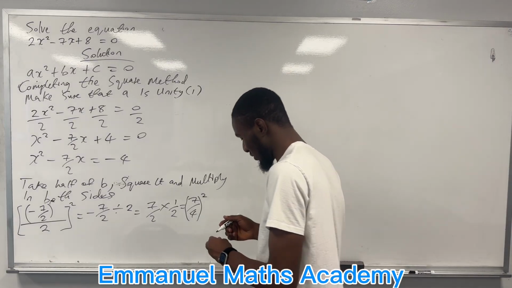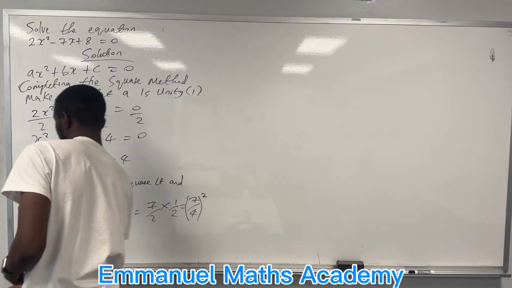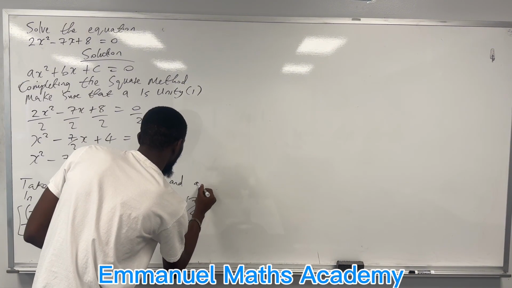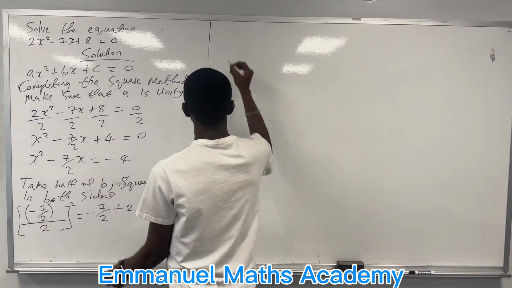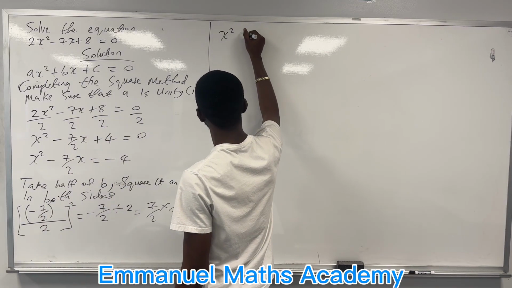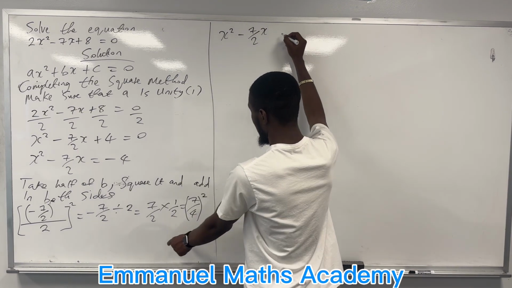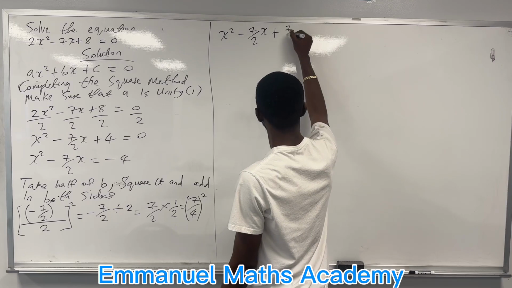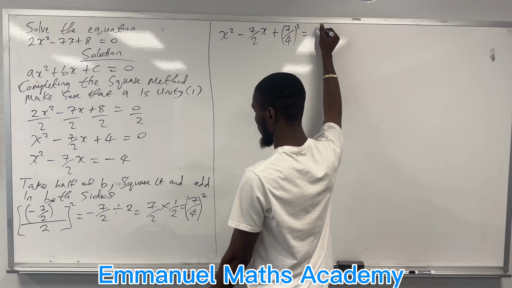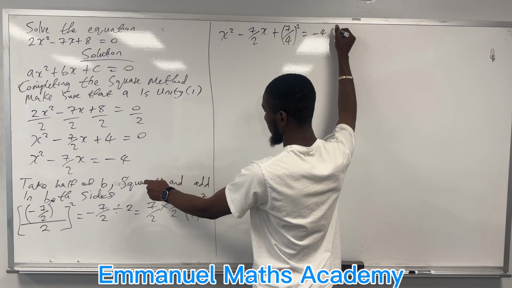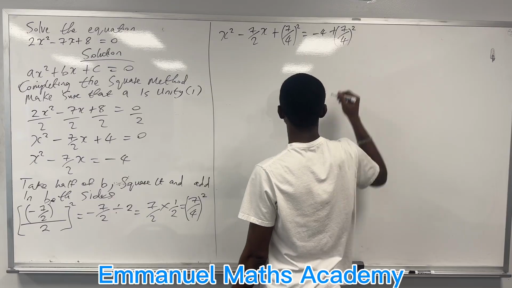Sorry, add in both sides, not multiply. It should be added in both sides. Right? So from this, you have x squared minus 7 over 2x plus 7 over 4 square equal to minus 4 plus 7 over 4 square.